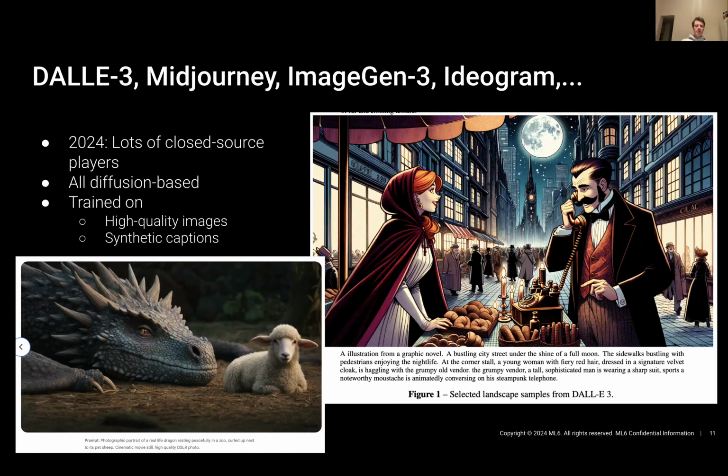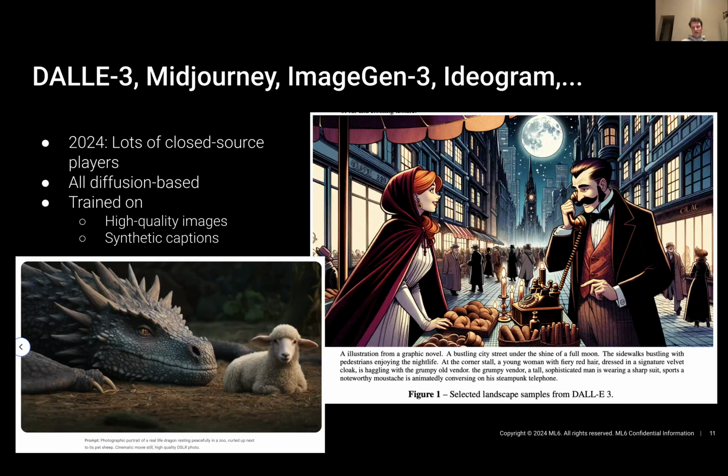And all of these players are closed source, so it means that you can only use their models through an API or through some kind of web interface. There's no access to the underlying model. You basically need to pay for all the images that you generate by sending a text prompt to their website or to their API, and then you get a response back.